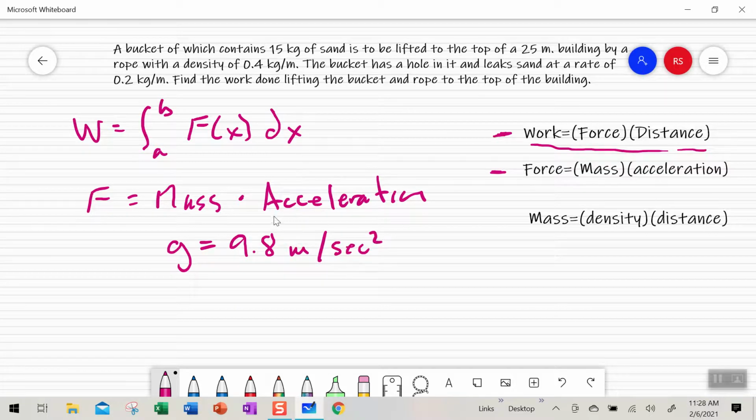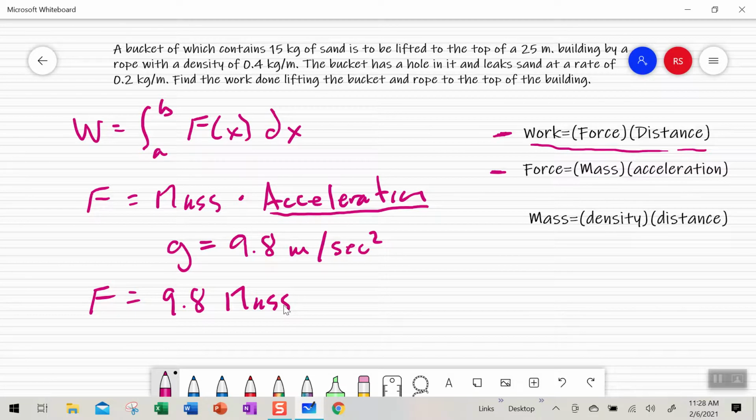So in these problems, we're going to be using this for acceleration whenever we need to. G is the acceleration due to gravity. So essentially, force is equal to 9.8 times the mass. What that brings us down to then is we need to determine the mass.